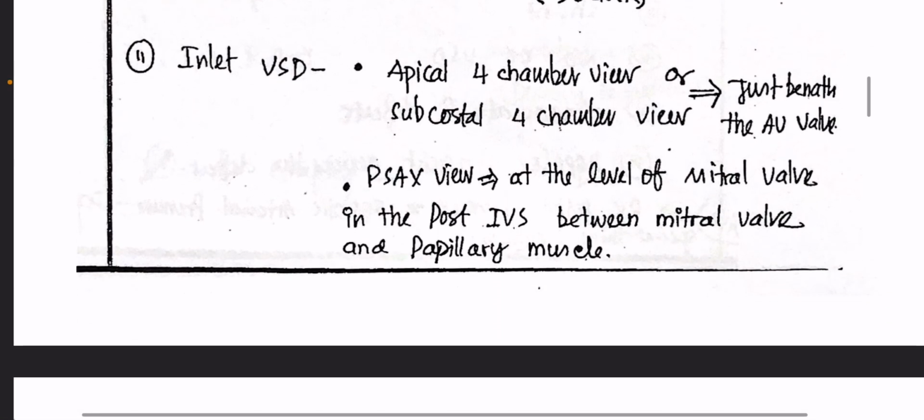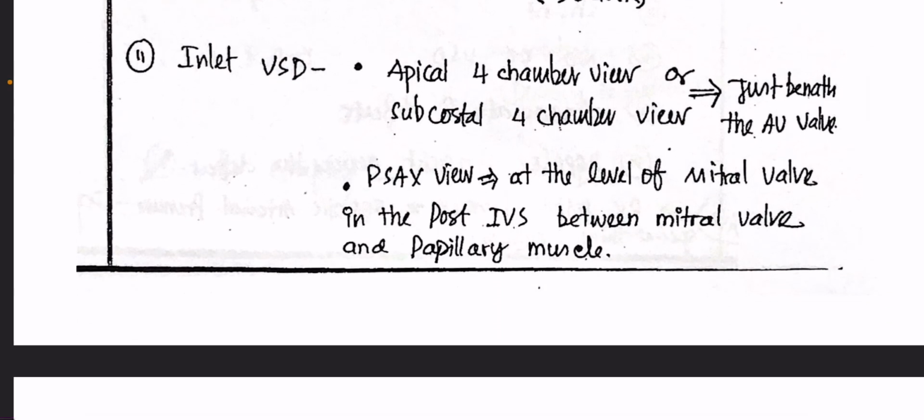Inlet VSD: apical 4-chamber view or subcostal 4-chamber view, just beneath the AV valve. Parasternal short axis view at the level of the mitral valve, in the posterior IVS between the mitral valve and papillary muscle.